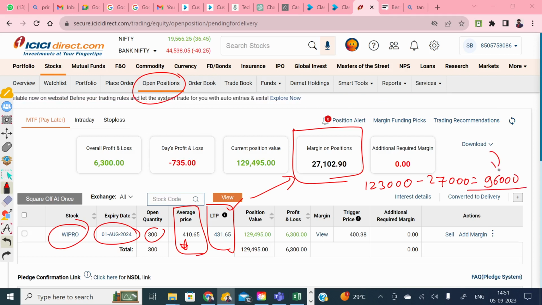So the broker paid 96,000 on behalf of me. So it means almost the broker paid triple the amount. If you just do 27 into 3, the amount would be around 90,000. It would be less, but you can calculate it that way. So the broker paid 96,000 and I have paid 27,000, and then we purchased 300 quantities.